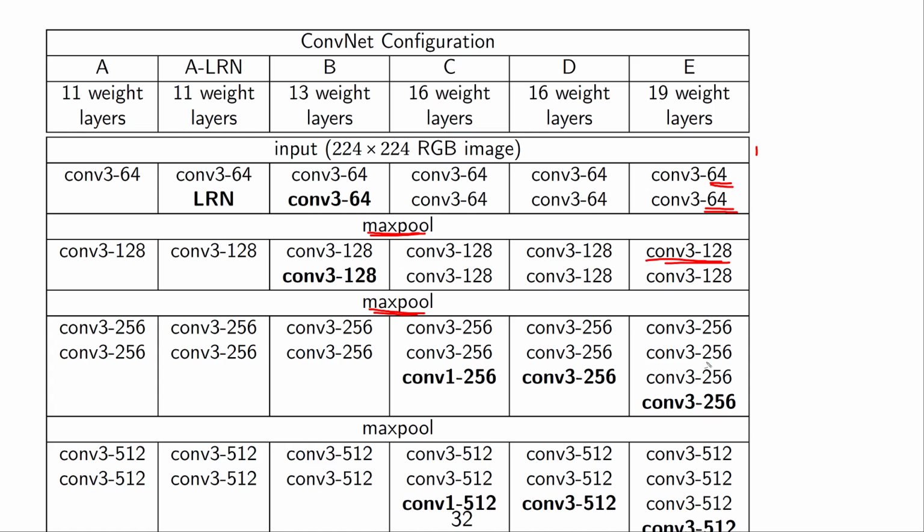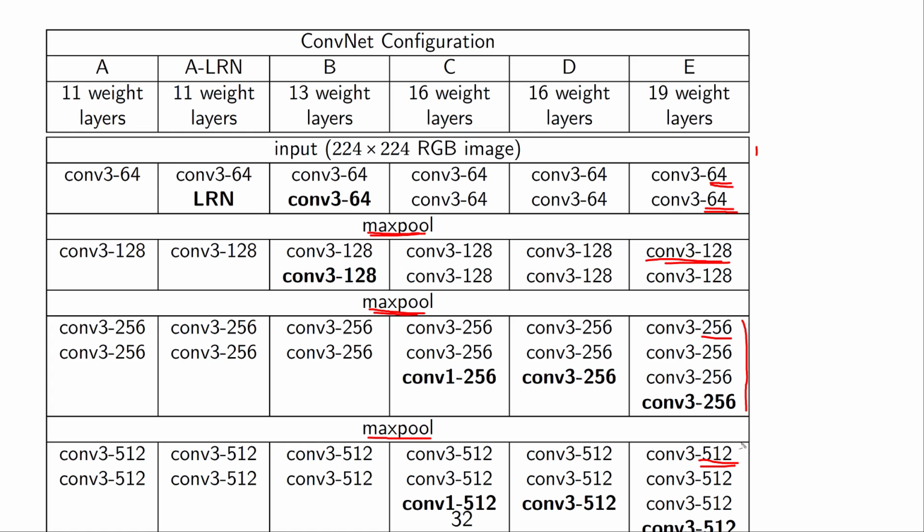Another max pool, and then in this block we have 4 conv layers, this time with 256 channels. We see this design principle. After every max pool, the number of channels doubles. So after this max pool, again we see doubling of 256 to 512 channels.